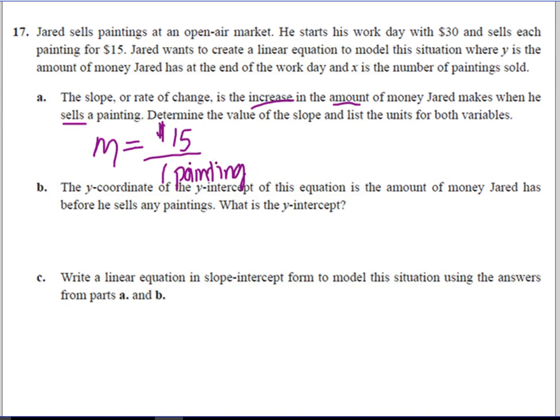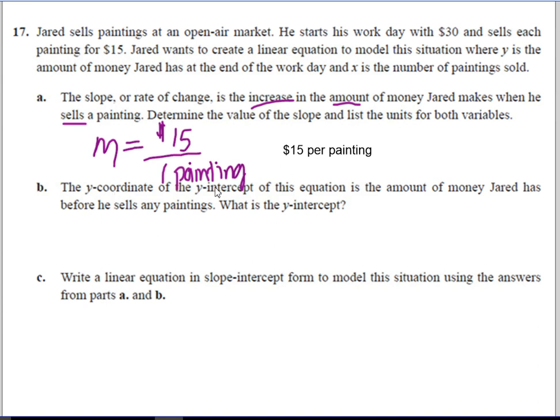So we can write that another way by just saying that it's $15 per painting. Just like our units that we were doing before, like per hour and things with our proportions, it's understood to be 1 hour. So per painting is understood to be per one painting.